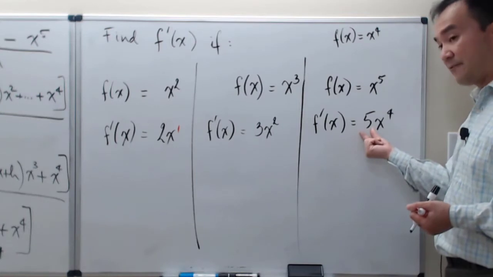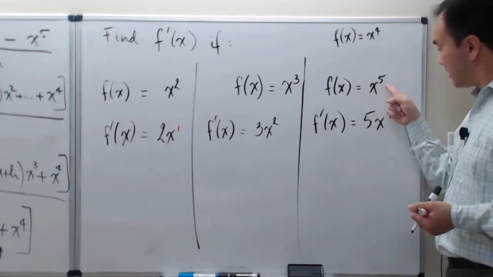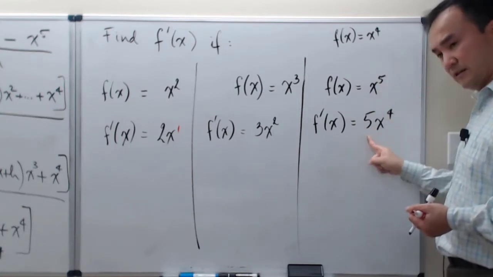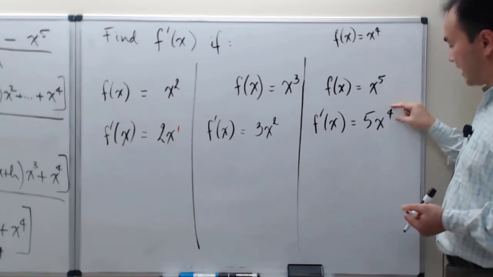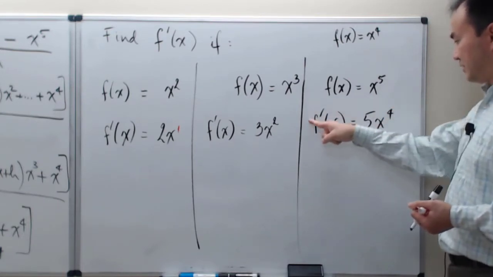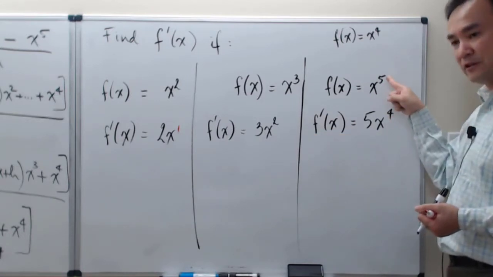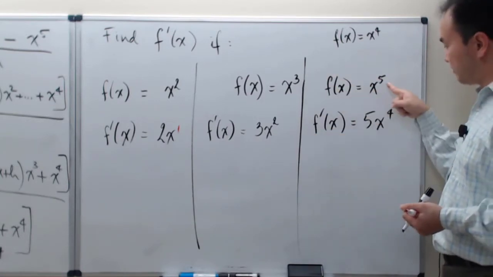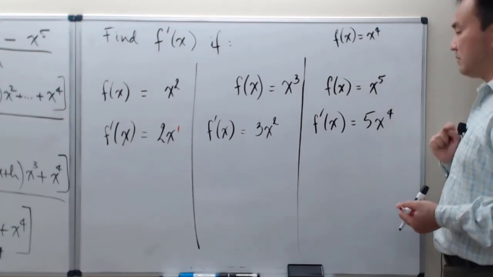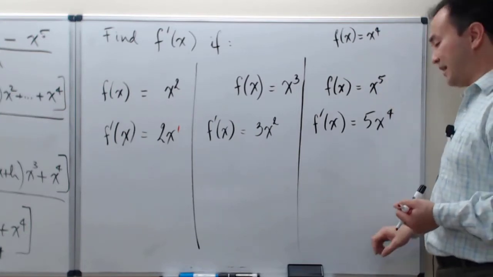Think about where that came from. It did come from that original power, didn't it? And the power of 4 that's now current for our f prime came from the power of 5 in the original function, but now subtract 1.